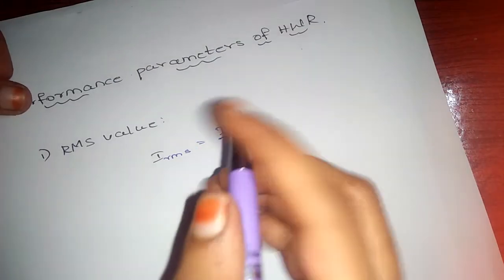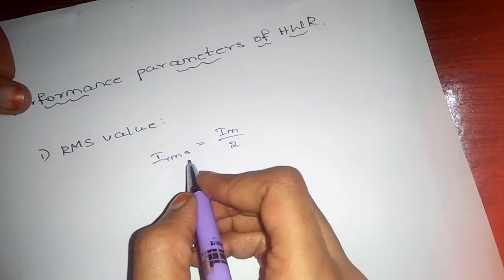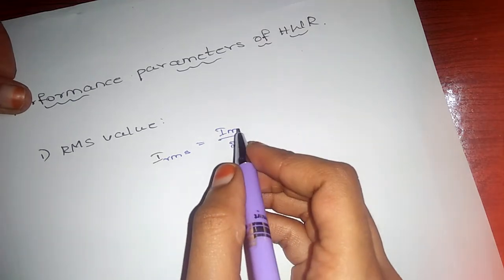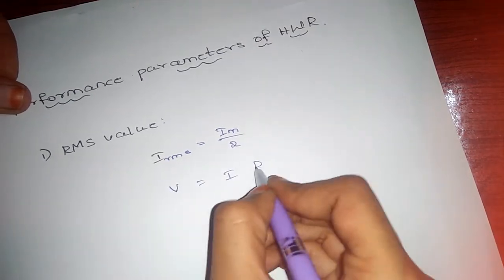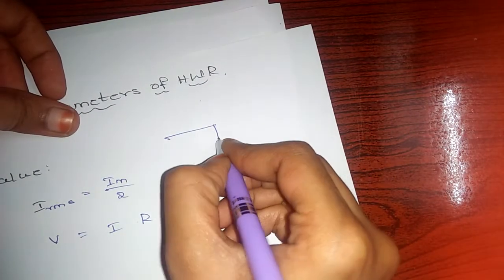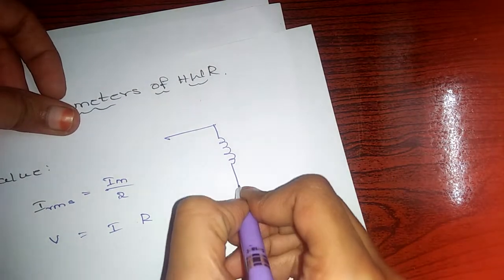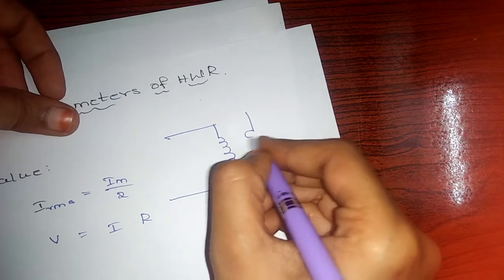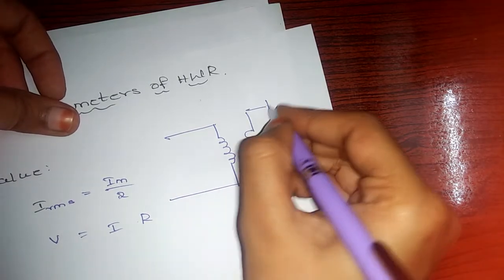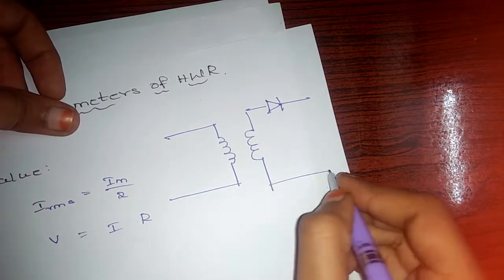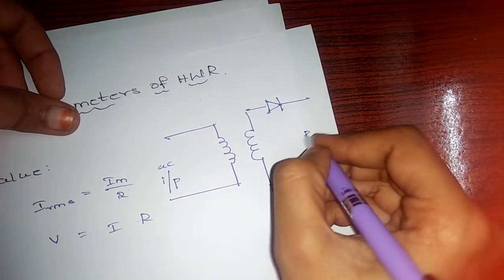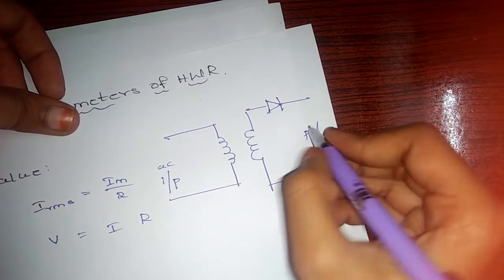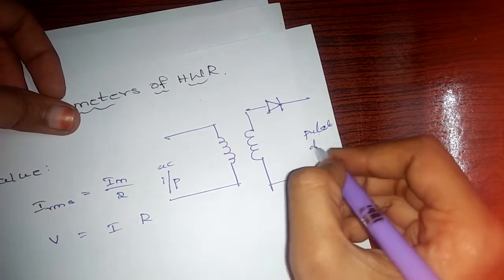Now we want Vrms also, but we don't know what Vrms is. But we know that V is equal to IR. Let me draw the rectifier circuit diagram, the half-wave rectifier. AC input and pulsated DC, not pure DC, pulsated DC output.